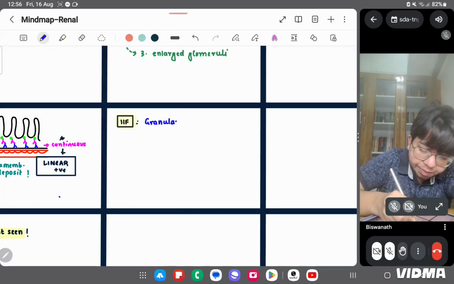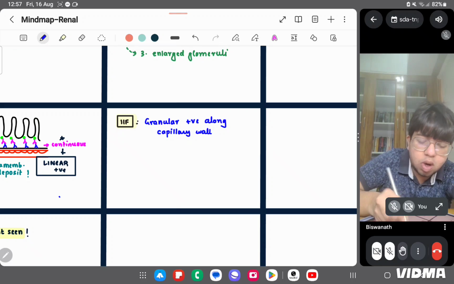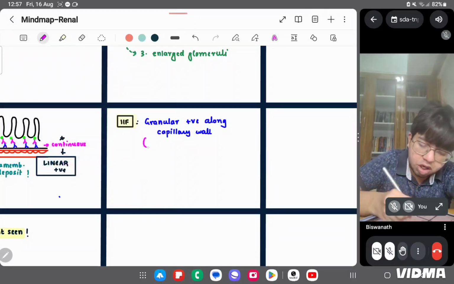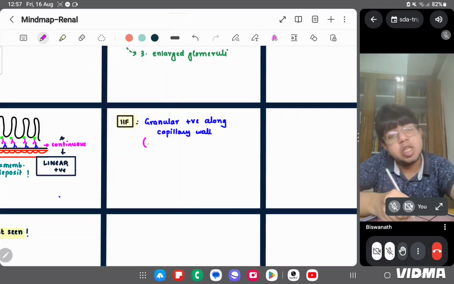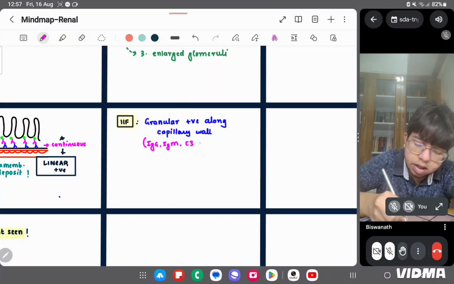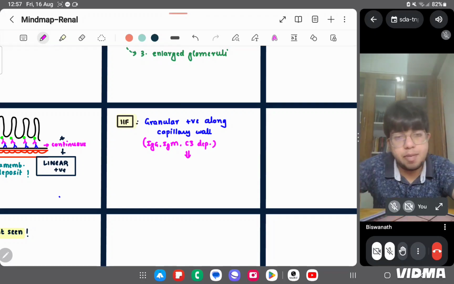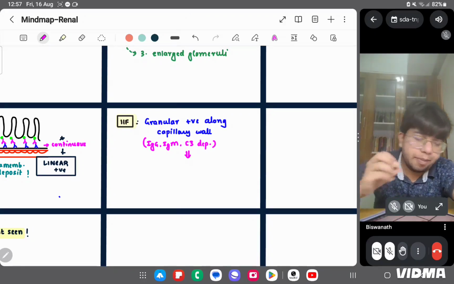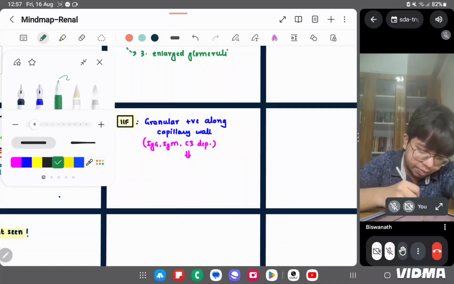Deposition of what things will occur? Deposition of IgG, IgM, and C3, and this type of thing is called a lumpy bumpy appearance, which is important from this point of view.